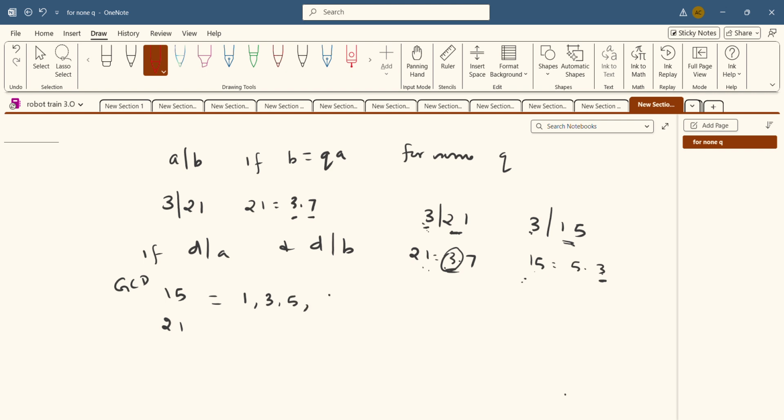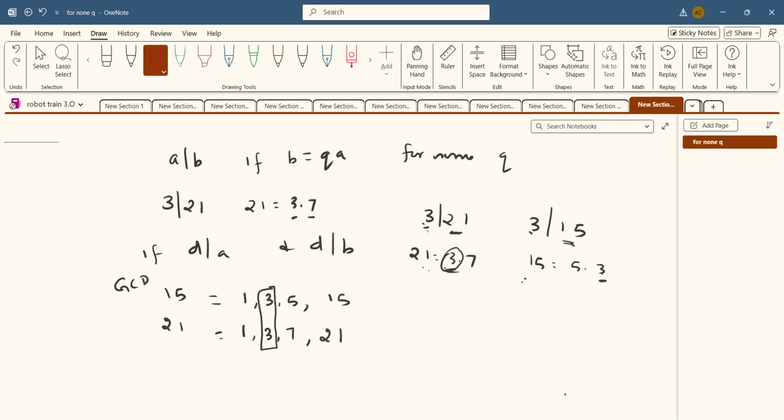So the factors are 1, 3, 5, 15. For 21, we have 1 into 21, 3 into 7, 4 is not possible, 5 is also not possible, and finally we have 21. Here the common divisor is 3. Greatest common divisor is also 3.